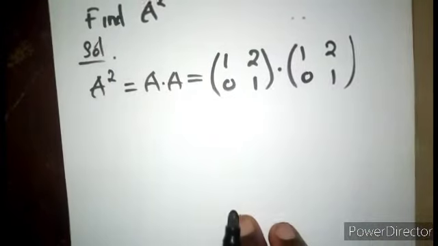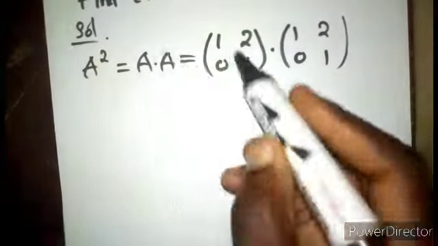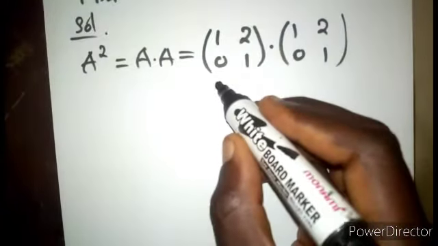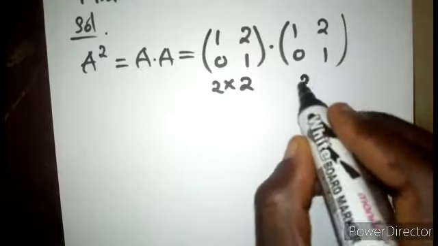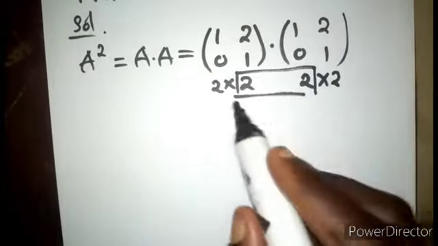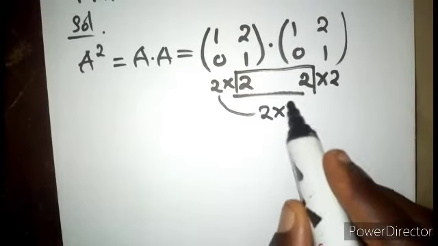Based on the note we saw just now, this is a 2 by 2 matrix. This is also a 2 by 2 matrix. So we are expecting the resulting matrix to be what? 2 by 2.